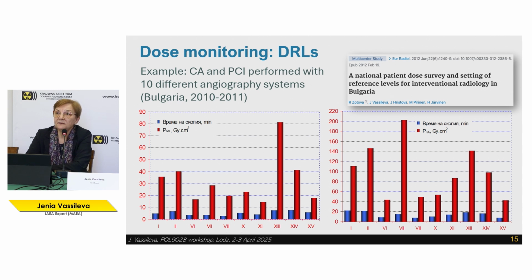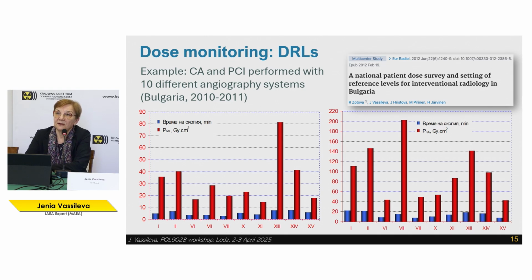So you see here, 10, I think, equipment were surveyed at that time, and these red columns are median doses for the same procedure, CA on the left and PCI on the right, for the same standard typical patient with average weight of around 70 kilos.